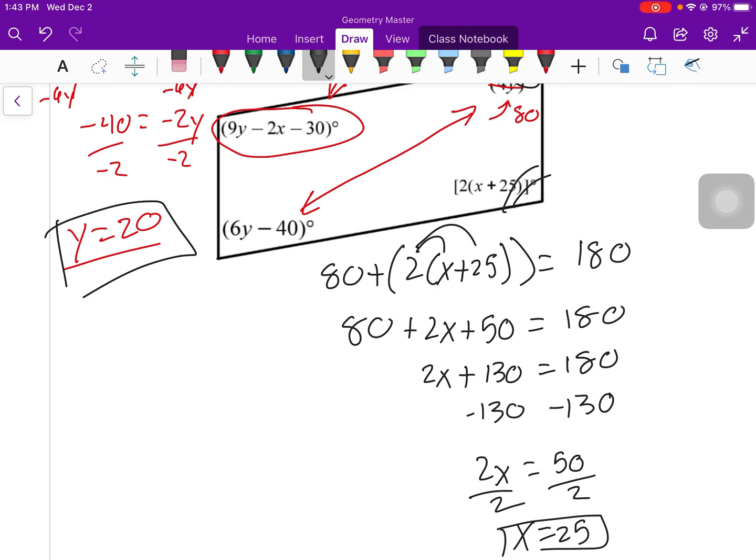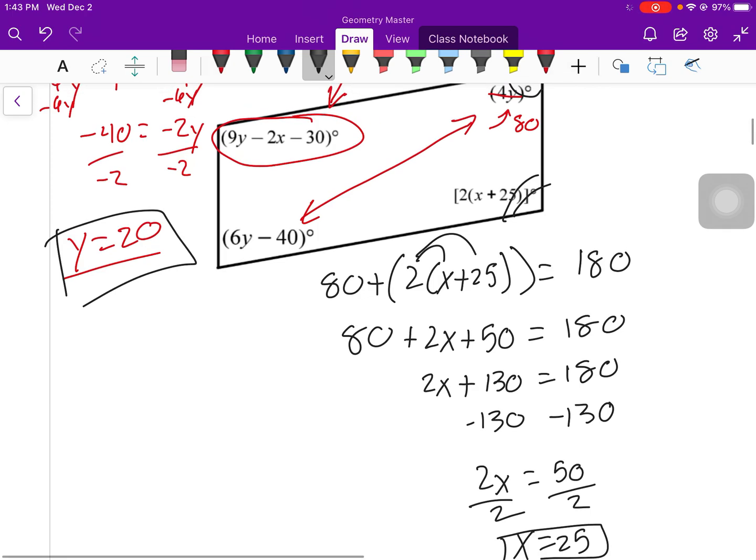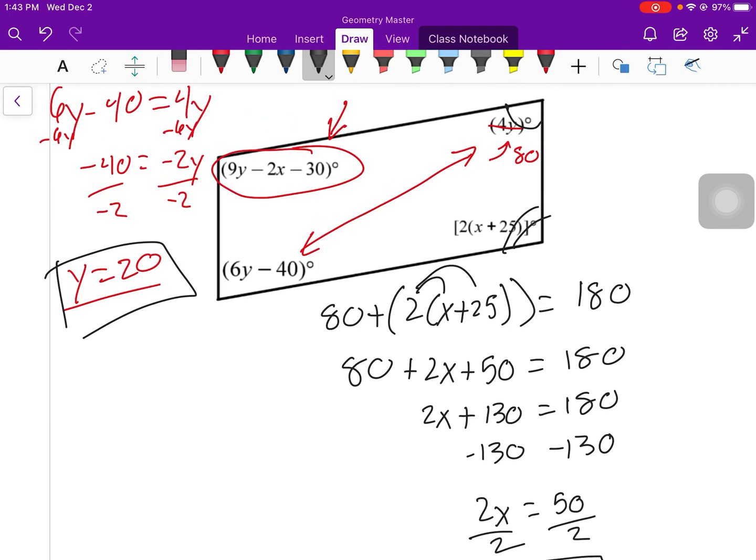Now, for this one, I want to make sure that I'm doing this right. Because if I plug in to here, 9 times 20 minus 2 times 25, which is what I just found, minus 30, I should get that that's the same thing as this angle over here.